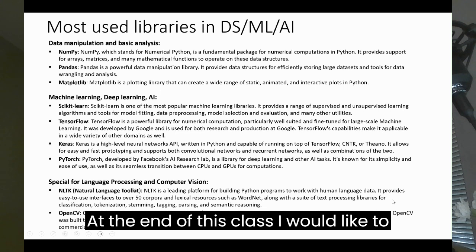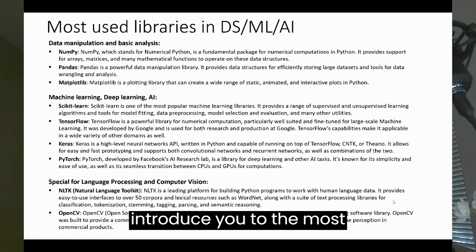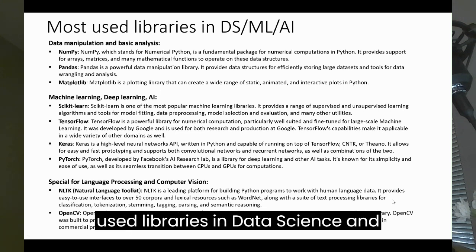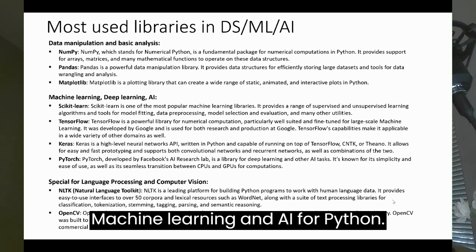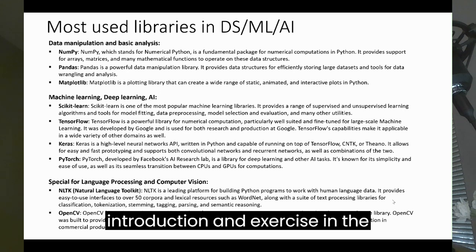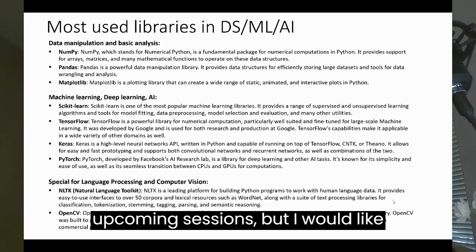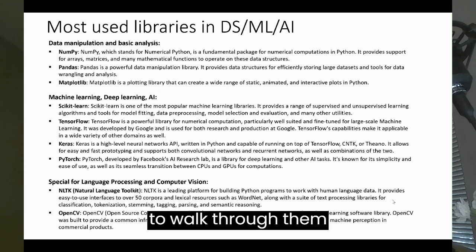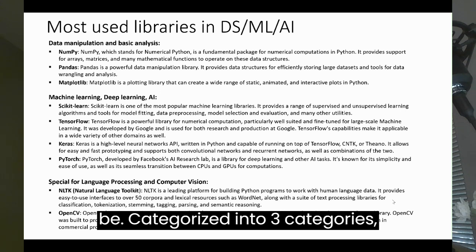At the end of this class, I would like to introduce you to the most used libraries in data science and machine learning and AI for Python. We will have more detailed introduction and exercise in the upcoming sessions, but I would like to walk through them in this class briefly. So usually the Python libraries can be categorized into 3 categories.